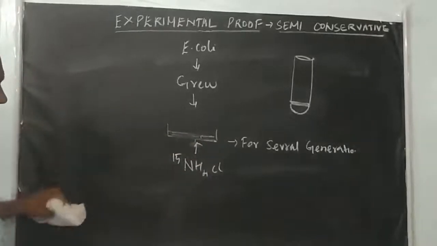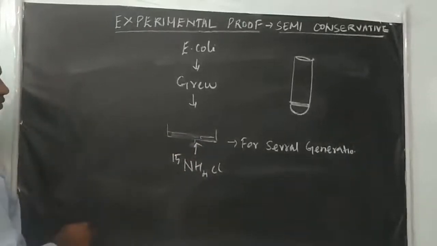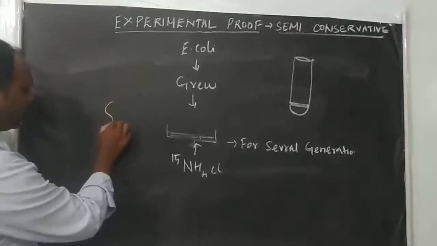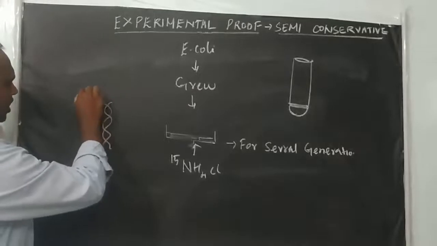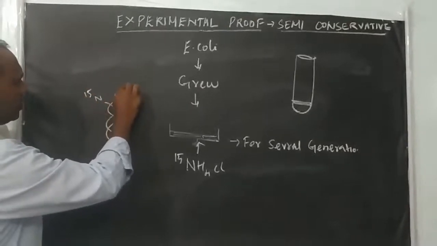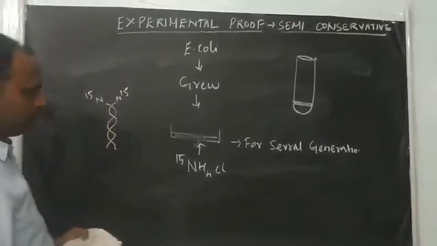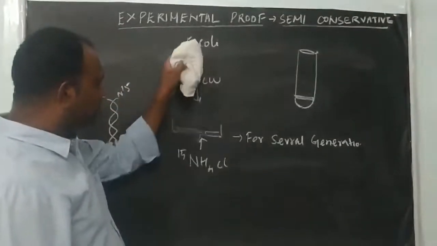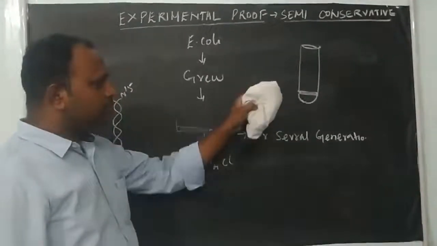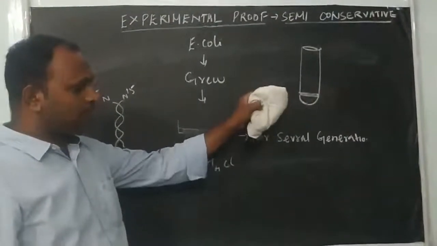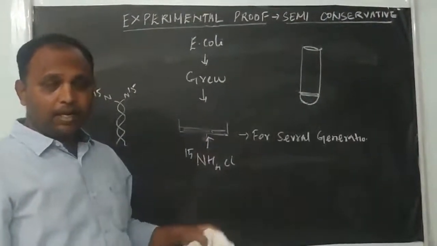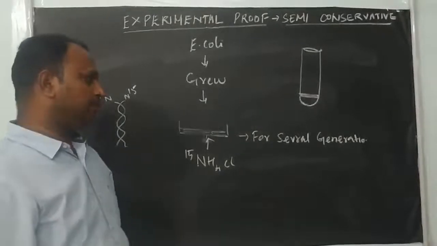So the heavy isotopic form of nitrogen is incorporated into both strands of the DNA molecule. Both strands contain N15. When the DNA isolated from these cells is subjected to cesium chloride centrifugation, it forms only one single band near the bottom of the tube.